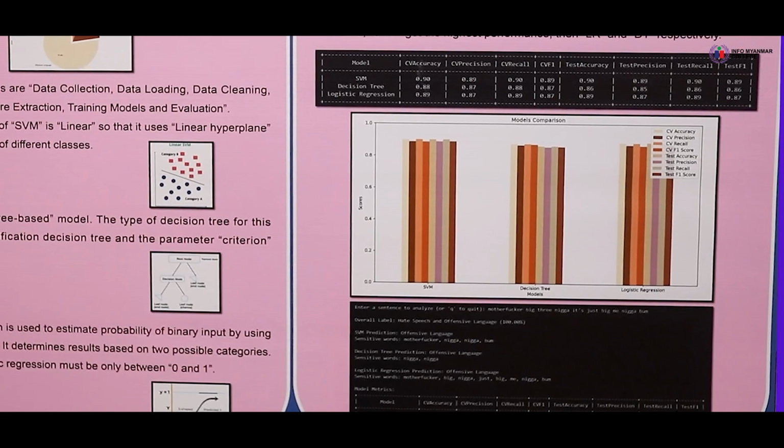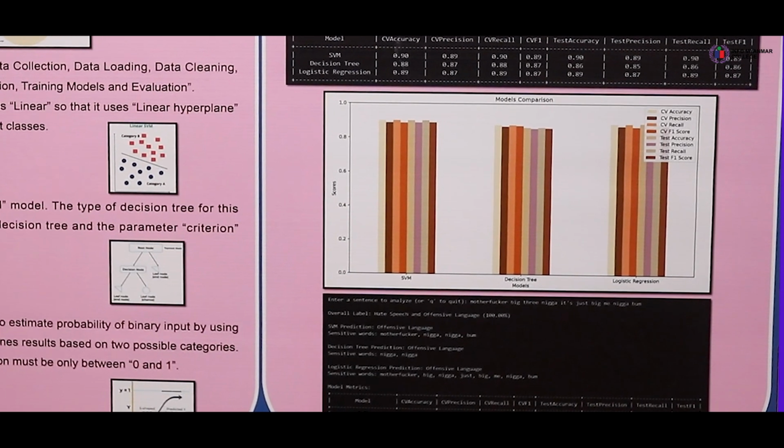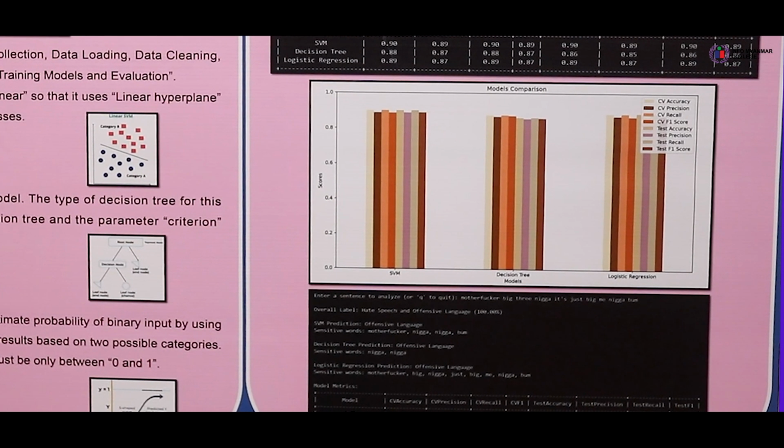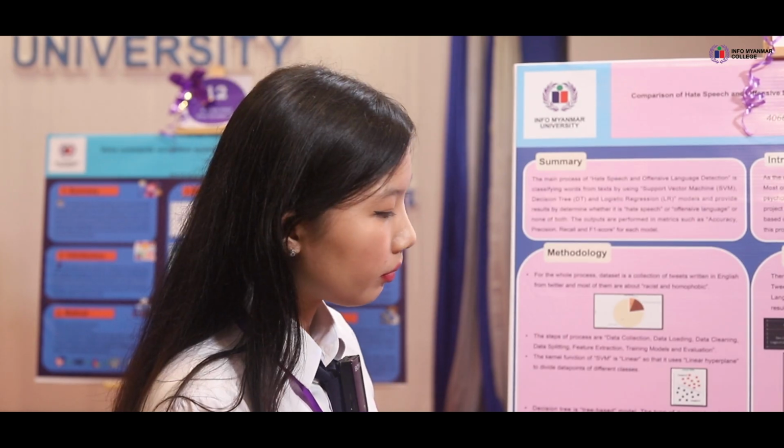And the graph version is also shown below. And for the real-time testing, if we input sentences like that, the three models will return whether it is hate speech, offensive language, or neither hate speech nor offensive language.